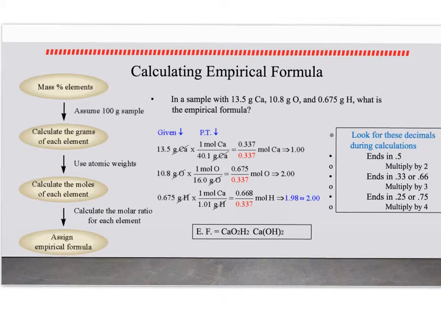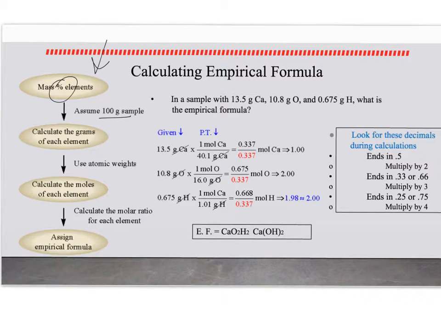To calculate the empirical formula based on grams or percentages within a question and not based on a molecular formula, we have to follow these steps. You should write down this chart in your ISN as steps to be able to calculate the empirical formula. We have to make sure our mass percent of elements, if we are given percentages, we have to assume 100 grams.